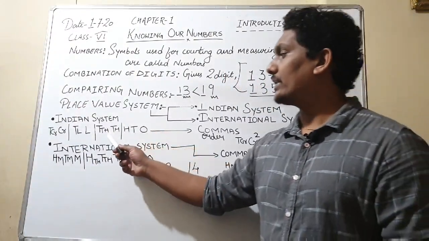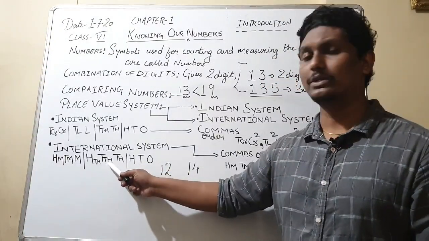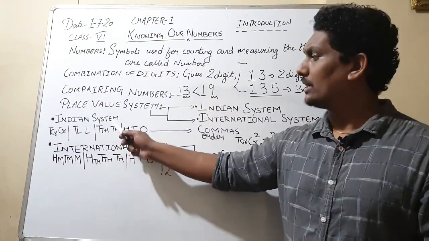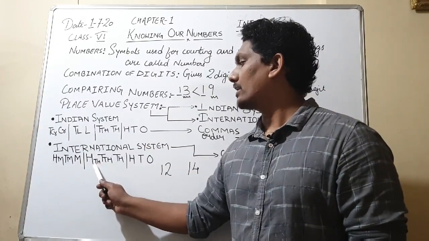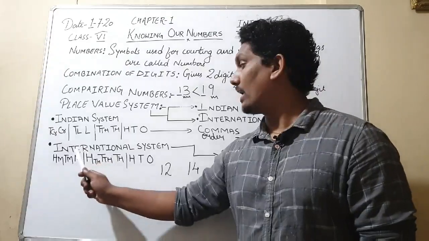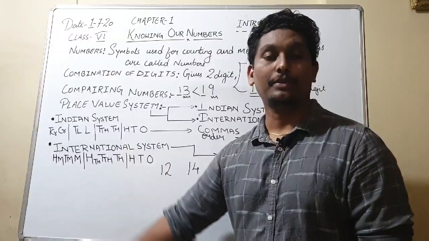When we compare with the international system, ones, tens, 100, 1000, 10,000, up to this it is the same, but after that here comes 100,000, then we have million, 10 million, then 100 million.